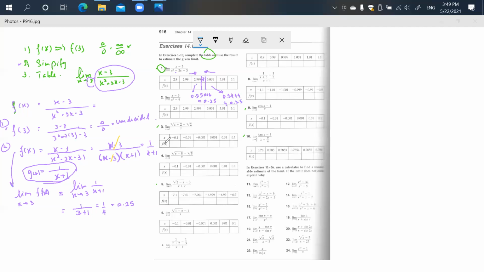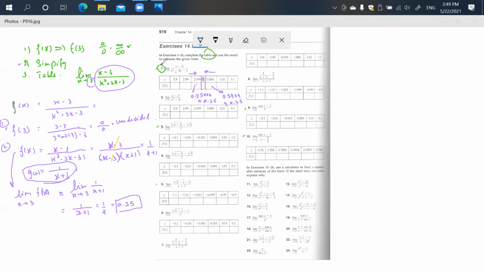So the same as this method when you do it. Questions 1 to 10 want you to just fill in and practice, getting the idea of what the value of y is when x approaches from the left-hand side and from the right side. So you just use a calculator only.